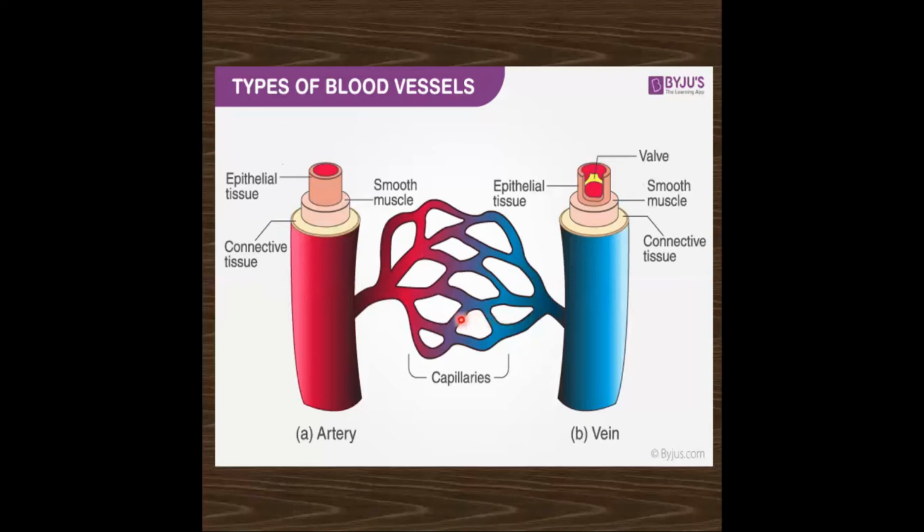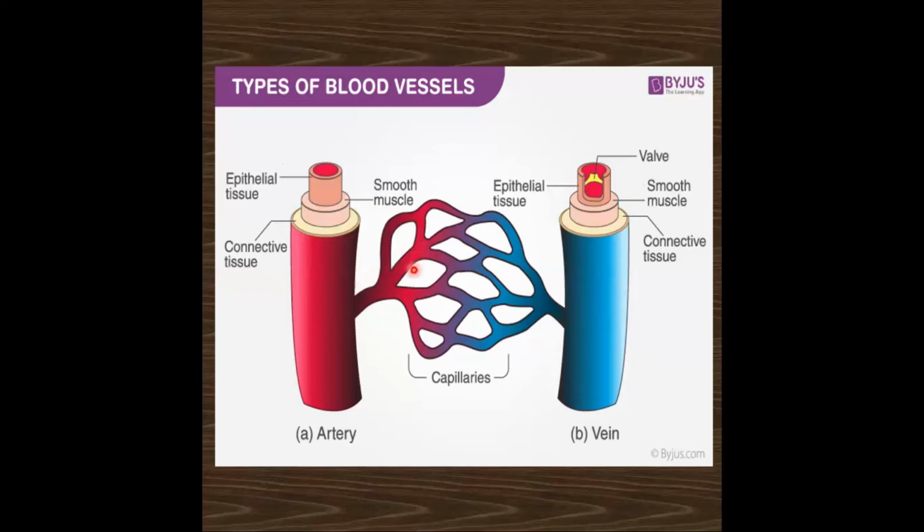Now let's talk about capillaries. On reaching tissues, arteries branch further into extremely thin tubes. As we can see here, they are called capillaries. Capillaries bring about the exchange of substances between blood and tissues.